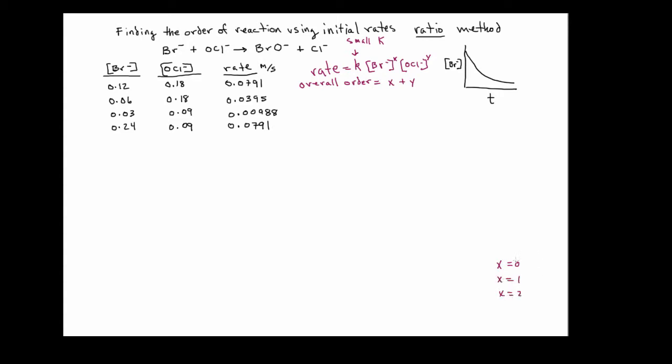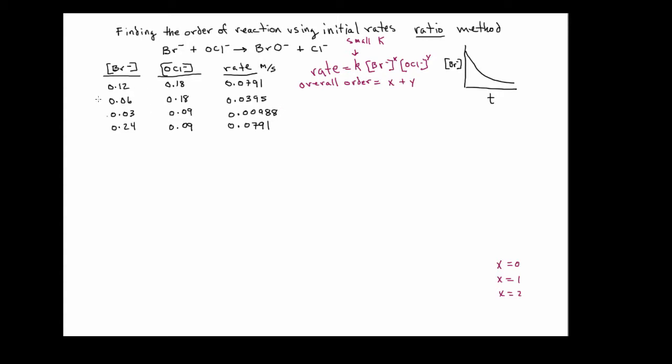And in the previous video I went through what each of these orders mean, and essentially a zero order reaction is one that is usually a catalyzed reaction. Order 1 is where the rate is directly proportional to concentration, and order 2 is where the rate of the reaction is proportional to the square of the concentration.